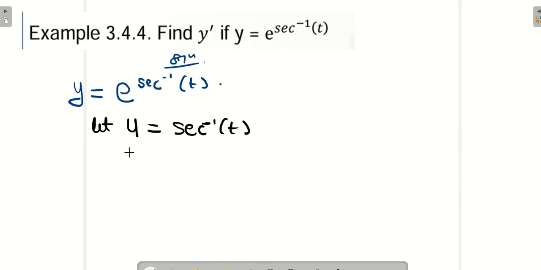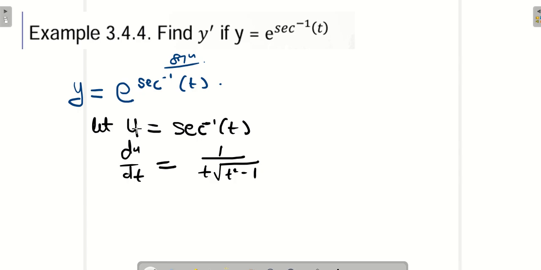So du dt, that is differentiating sec inverse of t, will give us 1 over t, then the square root of t squared minus 1. So that is how to differentiate the sec inverse of t.